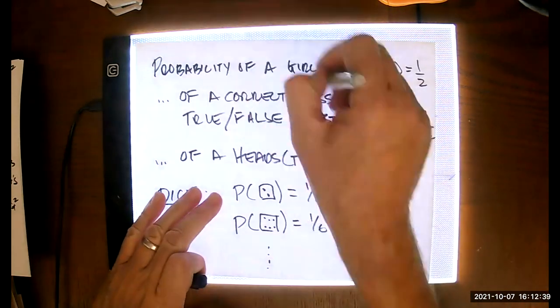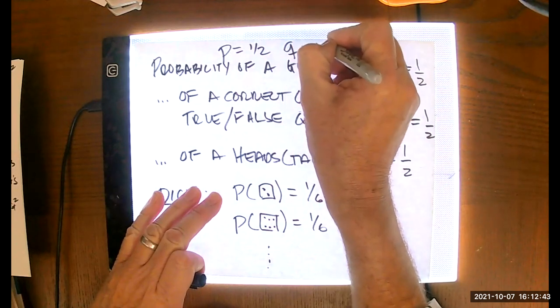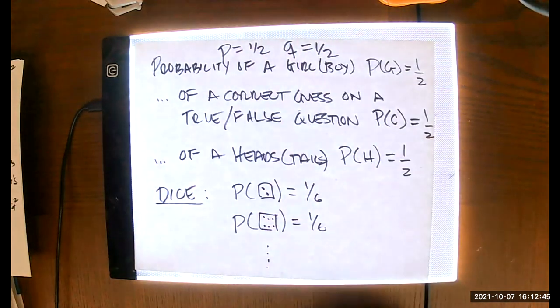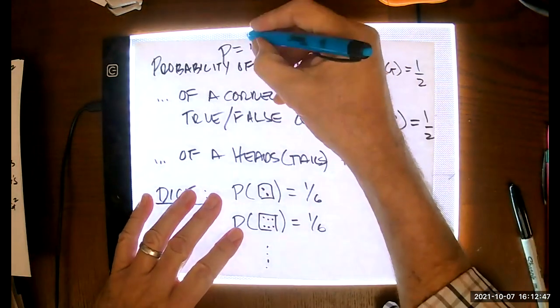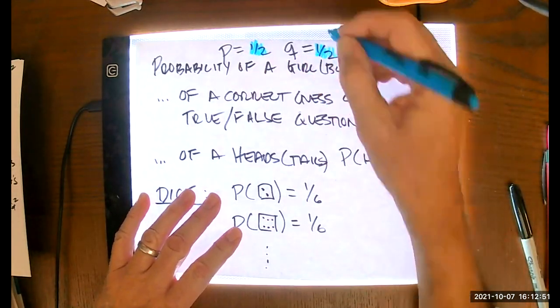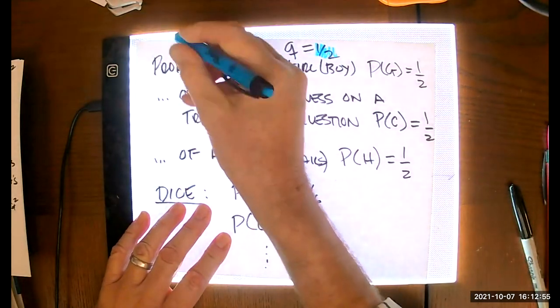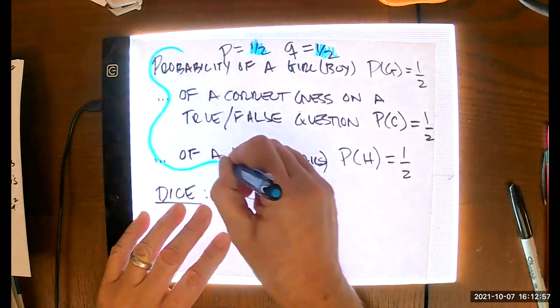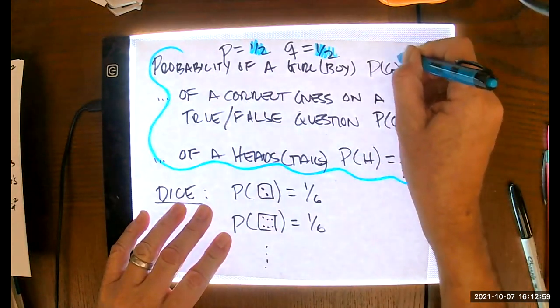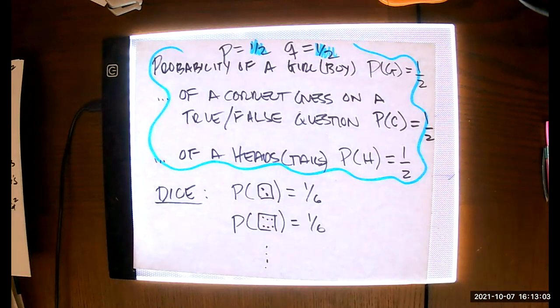In the first case, all these up here, P is 1/2, Q is 1/2, because we know that P and Q have to add to 1. And 1/2 plus 1/2 is 1. So when we're talking about those types of situations, P and Q, 1 out of 2.